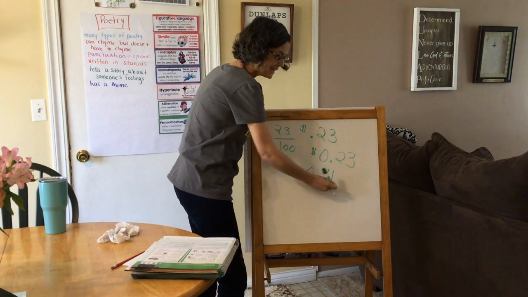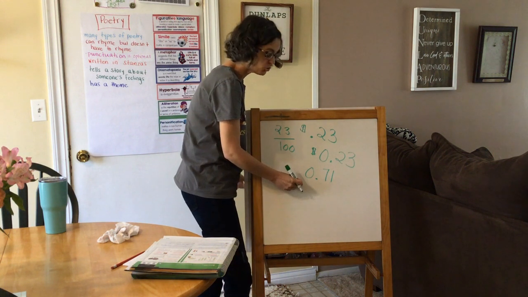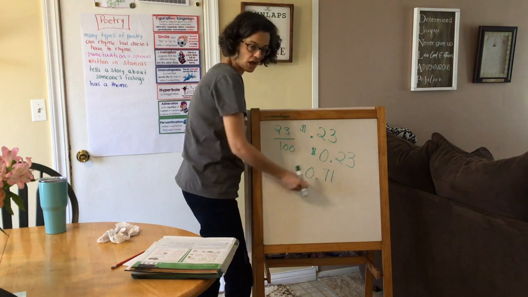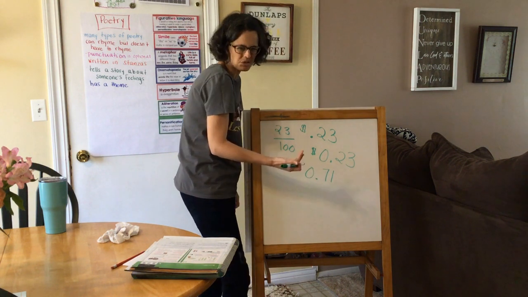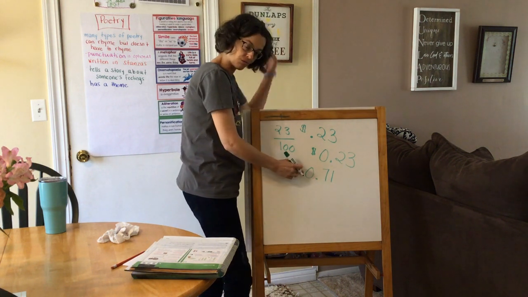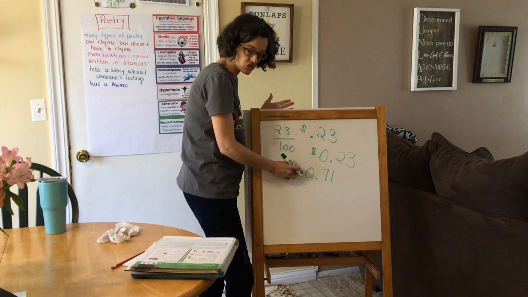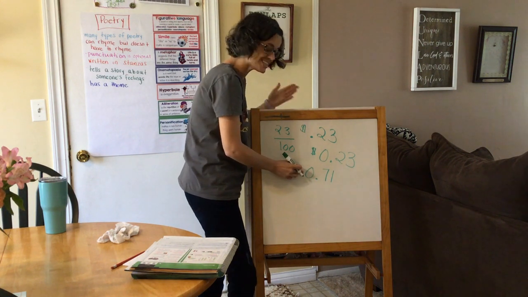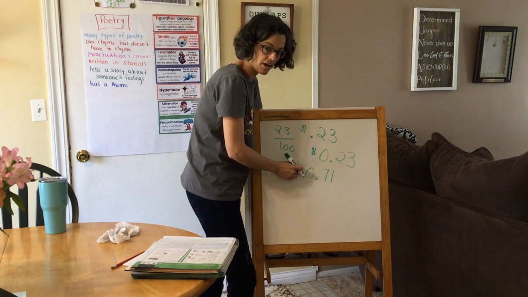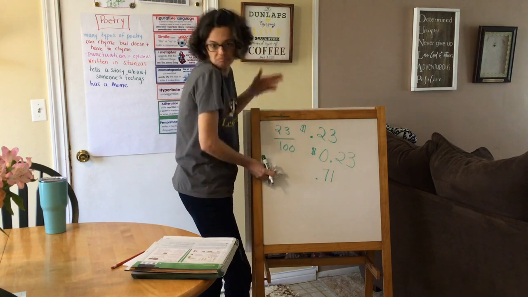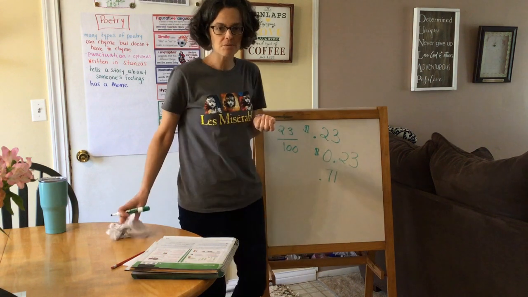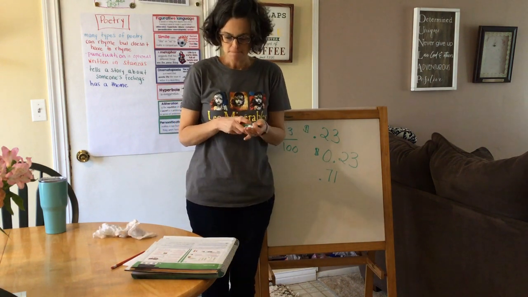It's just when you would read this and say it out loud, you would just say 71 hundredths. We wouldn't read the 0. If you want it there to remind yourself that that's a whole number, that's totally fine. Just when you say it, you're going to say 71 hundredths. If you don't want the 0 there and you want to just write it like that, that's okay too. Either way is fine. Alright?